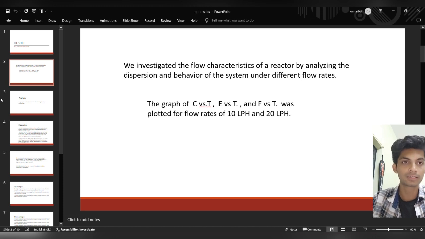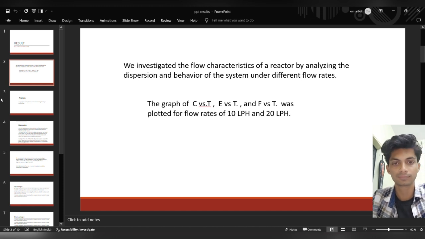This graph illustrates the variation in concentration and flow behavior over time. Secondly, calculated parameters: using experimental observations, we calculated the dispersion number and dimensionless parameters for different flow rates, for 10 lph and for 20 lph.